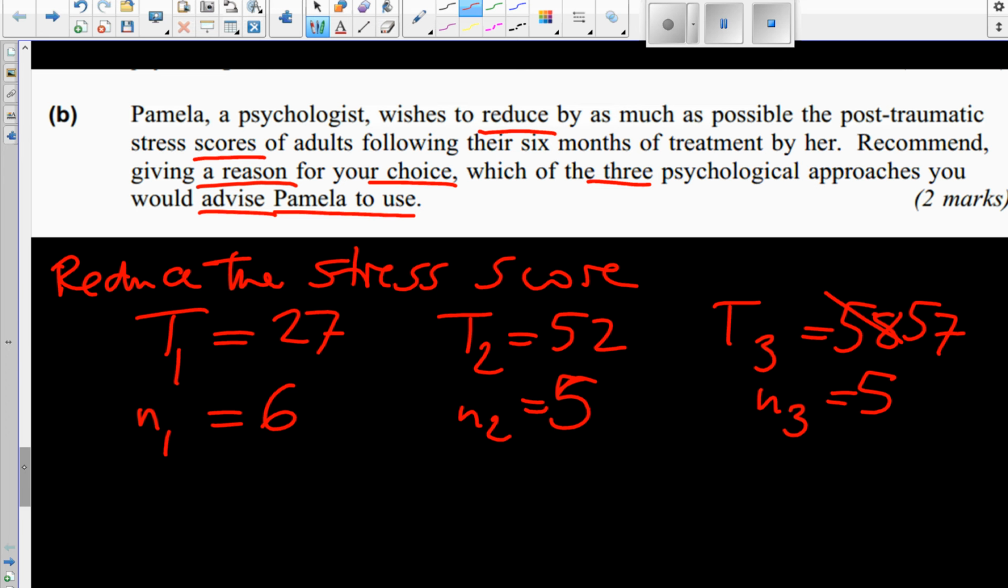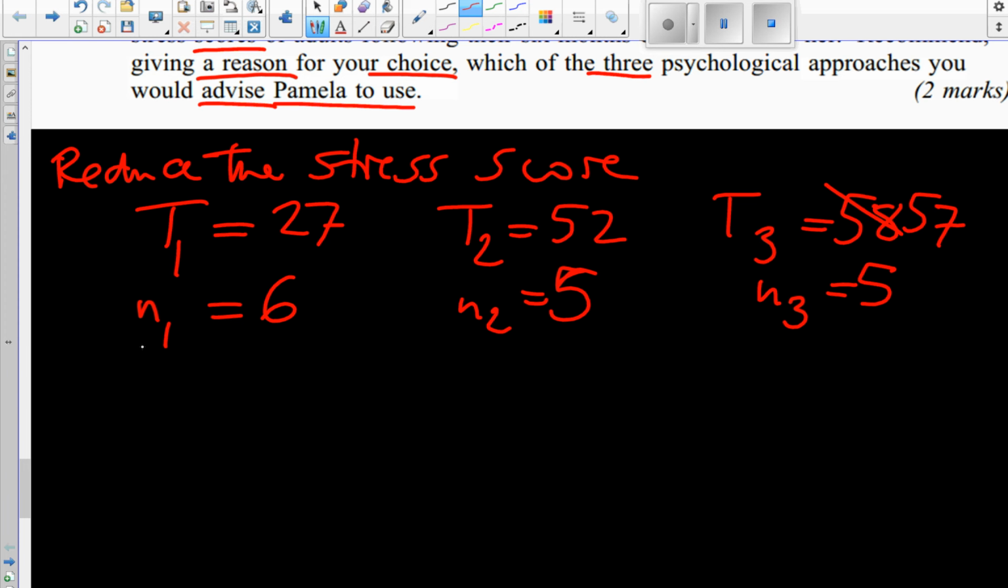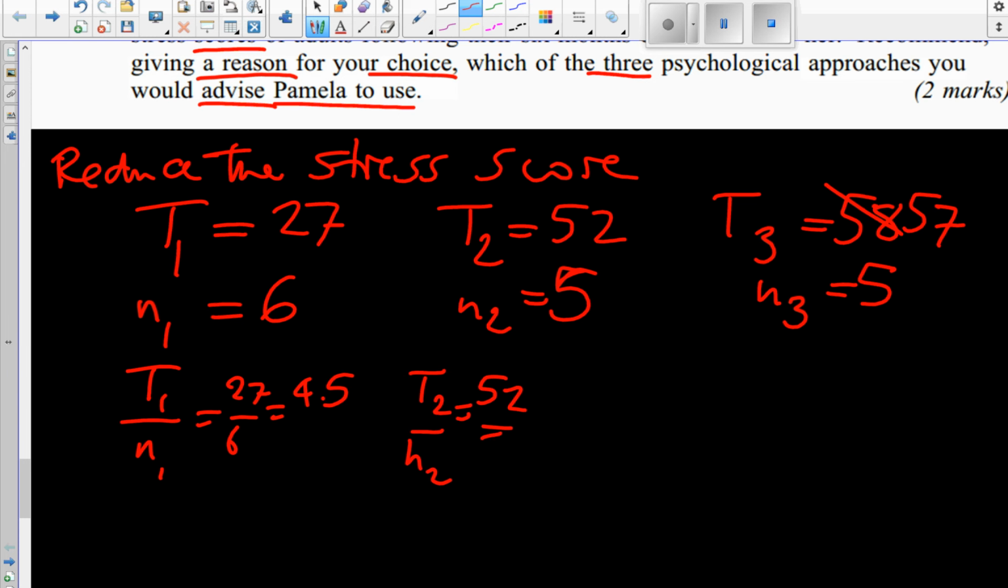For each one, what we want to do is find out what the average ranking was. So we're going to do T1 over N1, which in this case 27 over 6 is going to give you 4.5. T2 over N2 is 52 over 5, which with the calculator you'll find is 10.4. And T3 over N3 in your calculator, 57 over 5 is 11.4.